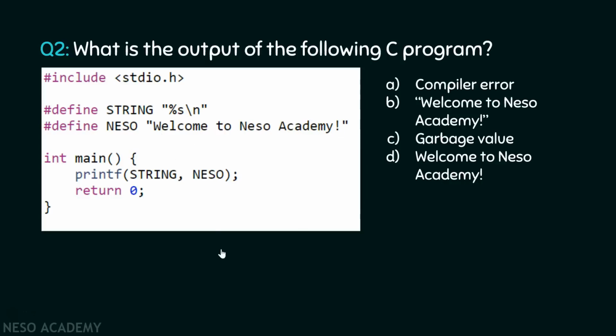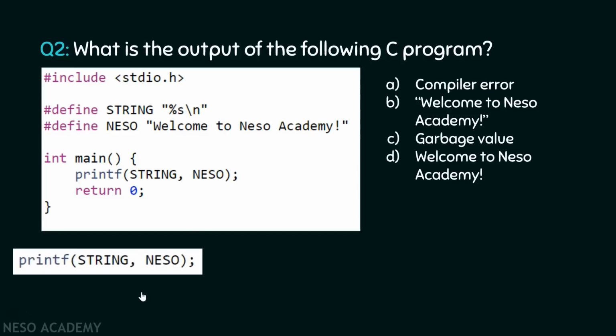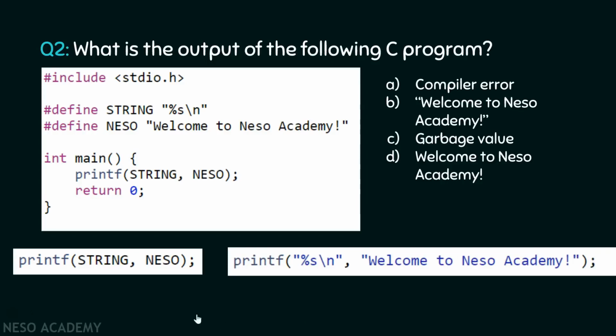Now what is going on internally? This is our printf function which we can see over here. Can you spot the difference between this printf function and this printf function? As we know, this macro is replaced by this value, which is a string %s\n with double quotes also.